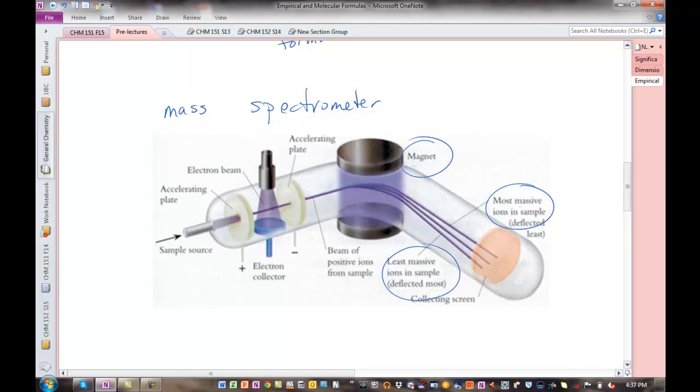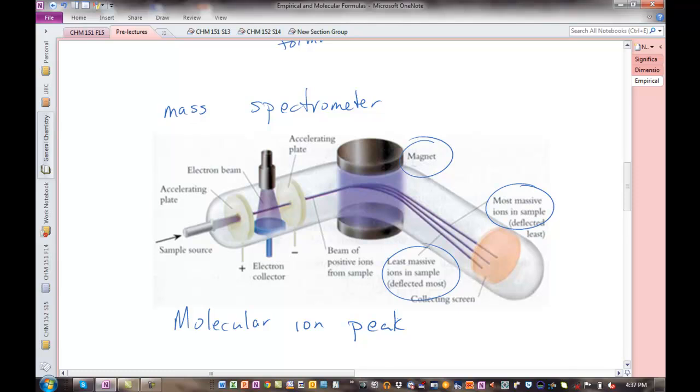Okay, and one of the ions you're going to get is called the molecular ion peak. Okay, so you would have a spectrum and you'd have these different peaks that you would see for the different masses. So one peak is just going to be an electron is knocked off your molecule. So the mass that you're going to get is going to be the molecular mass.